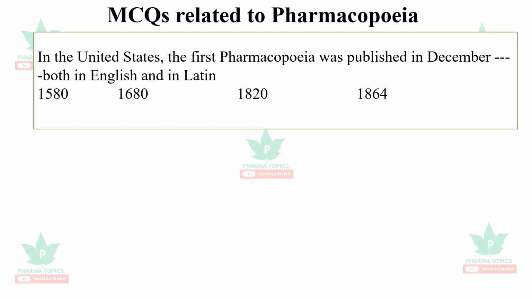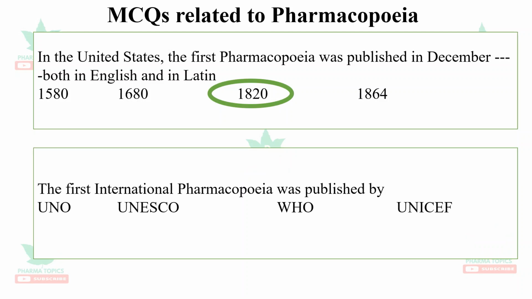In the United States, the first pharmacopoeia was published in December dash both in English and in Latin. So it is 1820. The first international pharmacopoeia was published by UNO, UNESCO, WHO or UNICEF. It is WHO.